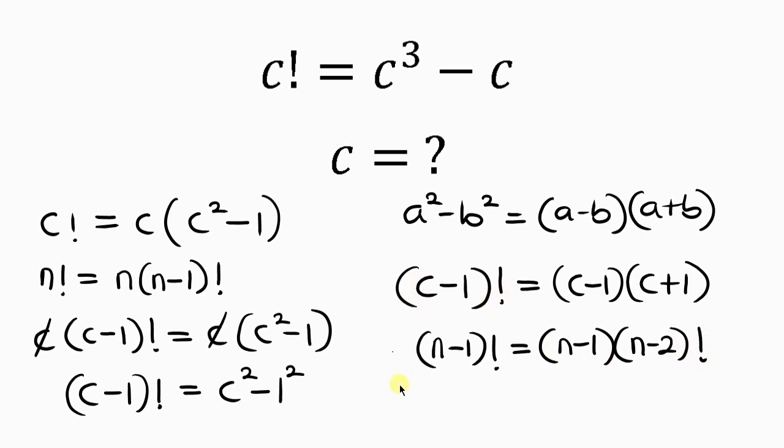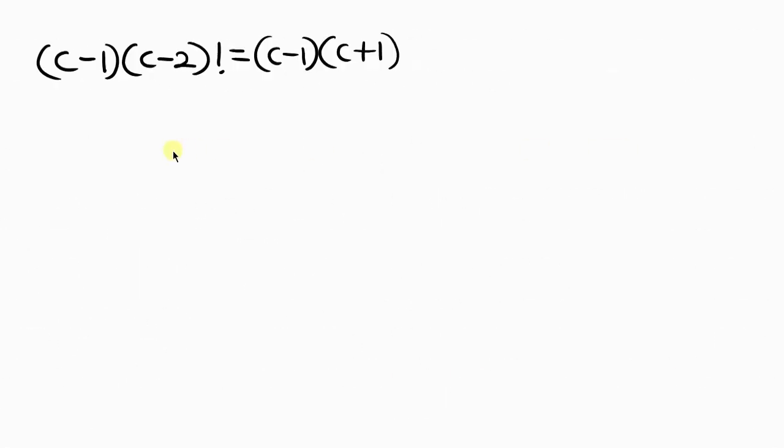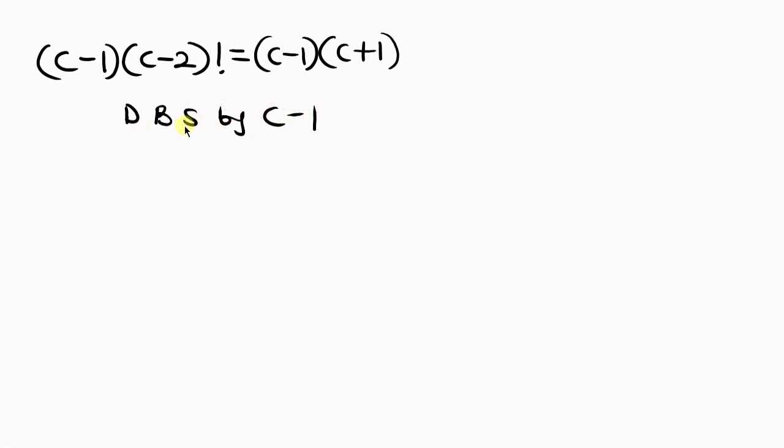This expression now becomes c minus 1 times c minus 2 factorial equal to, on the right hand side, c minus 1 times c plus 1. Now our next step will be for us to divide both sides by c minus 1. DBS means divide both sides by c minus 1.